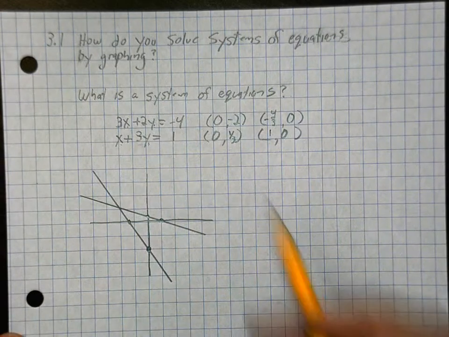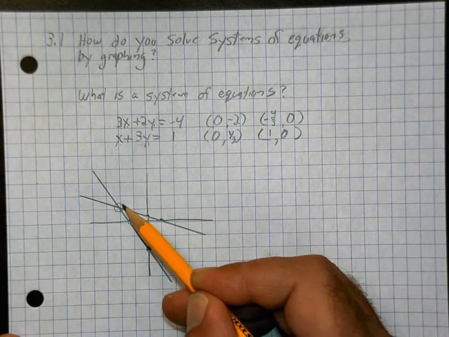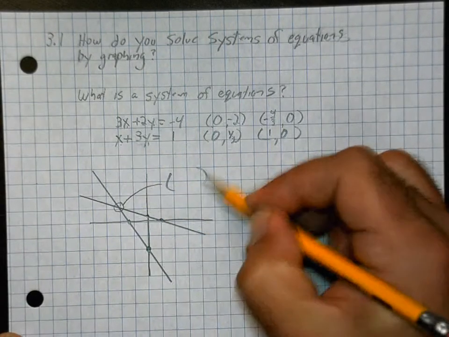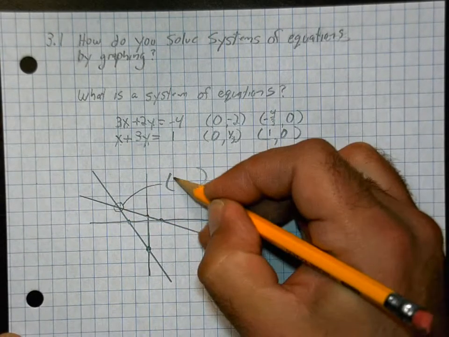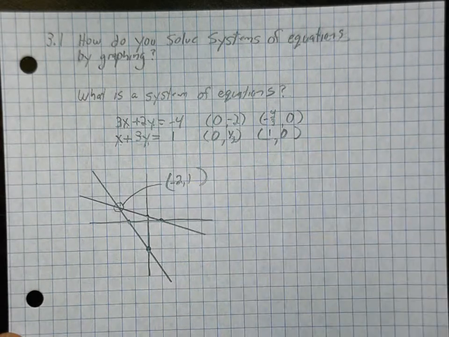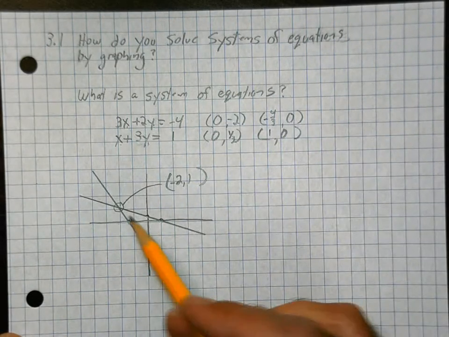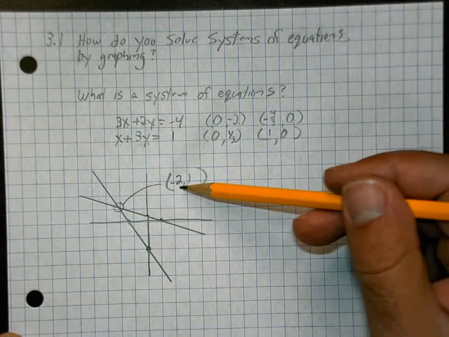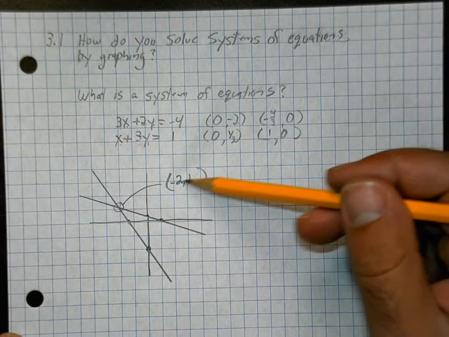Okay, so the solution to our system of equations is the coordinate where these lines intersect, which in this case is negative 2, 1 on my graph. If you're not accurate with your graphing, you're going to have a hard time finding that point of intersection. Now let's check and verify that this is the solution.